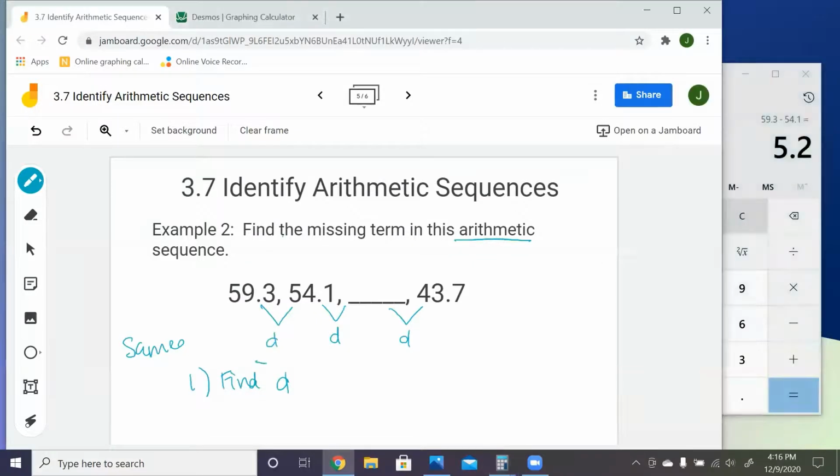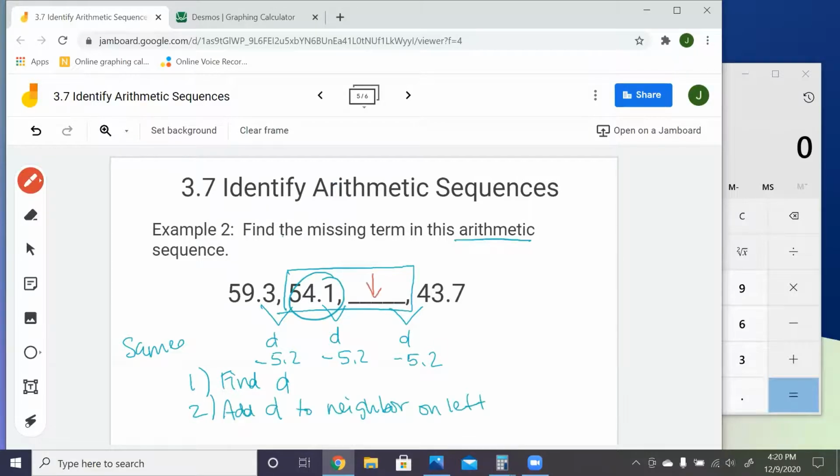So I went down 5.2. Because these are all the same, I know this difference is also negative 5.2 and this difference is also negative 5.2. Since I know that the difference between 54.1 and my blank is negative 5.2, I can add negative 5.2 to my neighbor and find my blank.